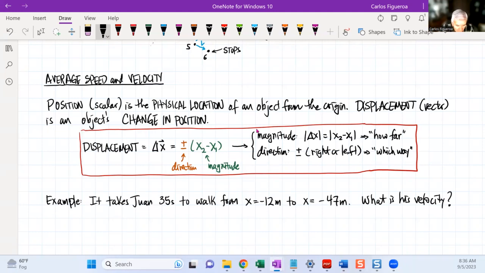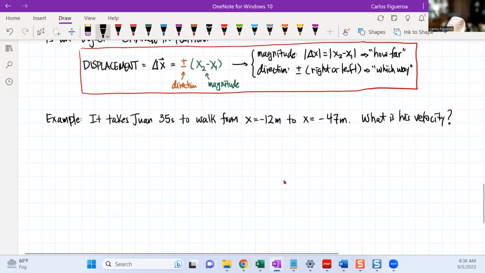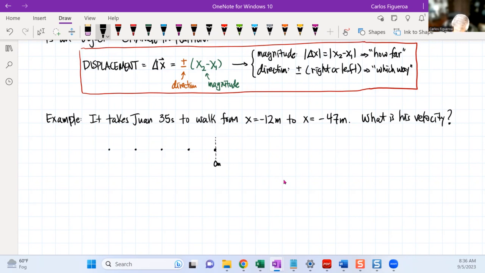Well, what we'll do here is let's just set up a number line. Let's say that this is 0 right here, and we'll say that that's our origin. Then every 2 squares, I'm going to make that 10 meter units.